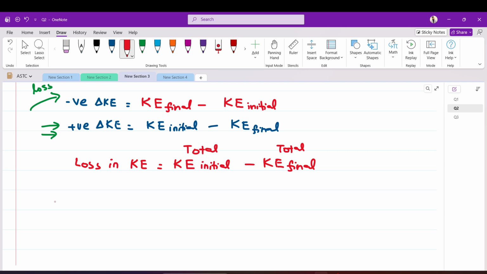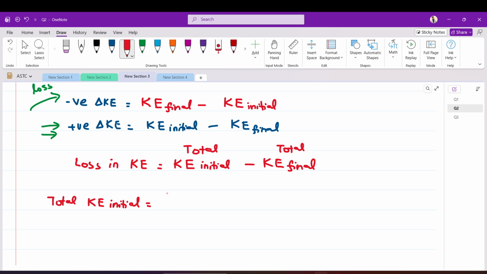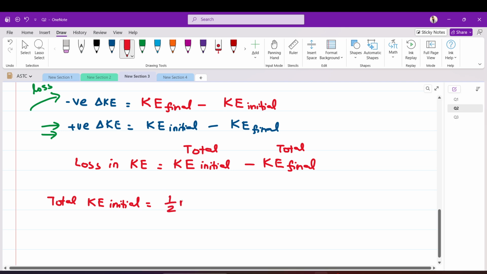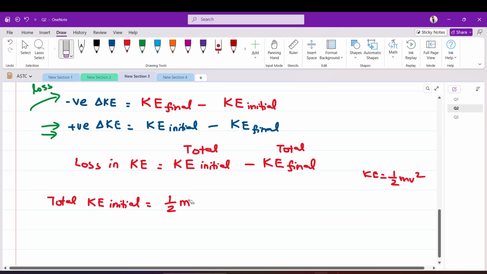Total initial kinetic energy means the initial kinetic energy of the spacecraft plus the initial kinetic energy of the space station. That will be half mv squared. We already know the formula of kinetic energy, I'll just write it here once, and then we can plug in the values.